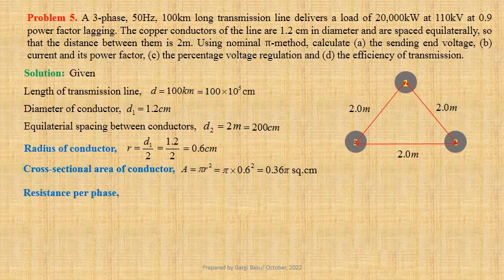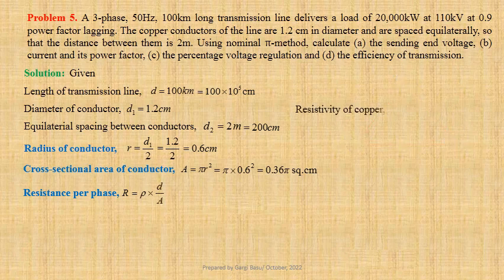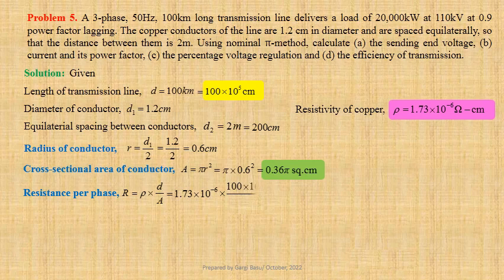Resistance per phase, R equals rho into D by A. We know that resistivity of copper, rho equals 1.73 into 10 to the power minus 6 ohm centimeter. Therefore, R equals 1.73 into 10 to the power minus 6 into 100 into 10 to the power 5 divided by 0.36 times pi, that gives us 15.3 ohm.